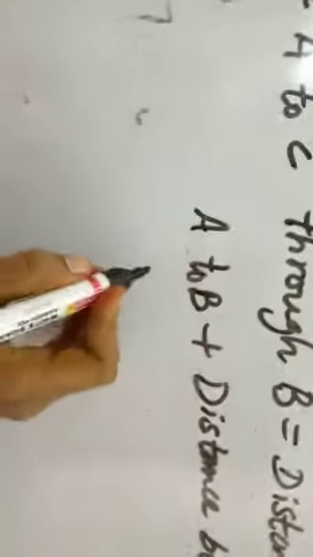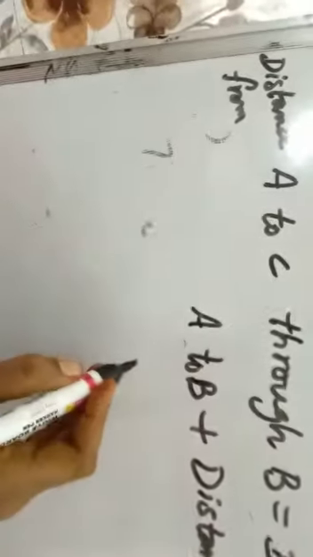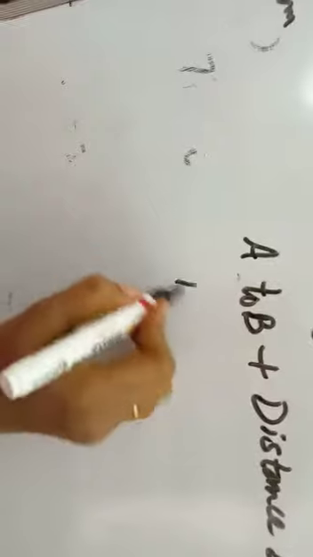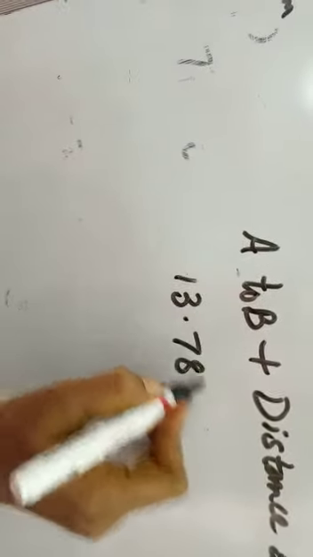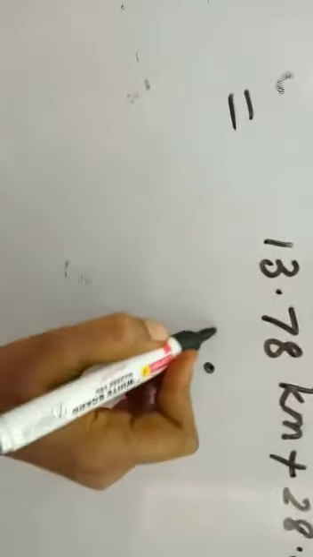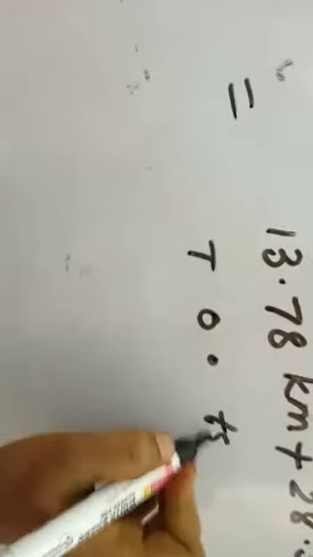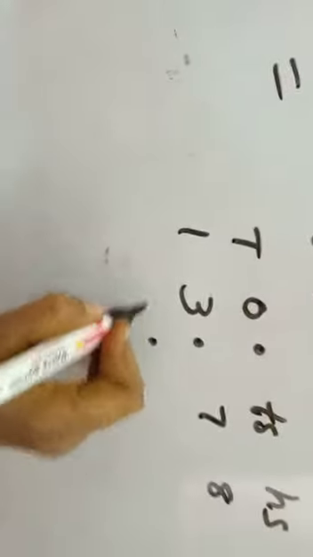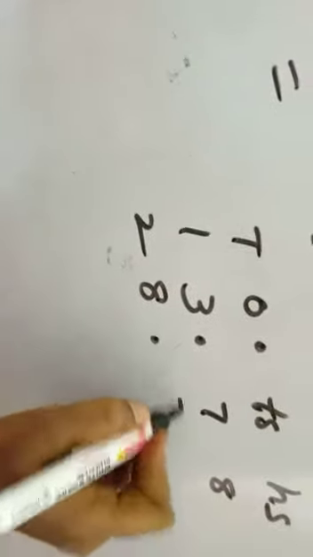That means first A to B, how much distance did he travel? 13.78 kilometers plus B to C he travelled 28.31 kilometers. Now add these two, put the decimal point, ones, tens, hundreds. Add them.